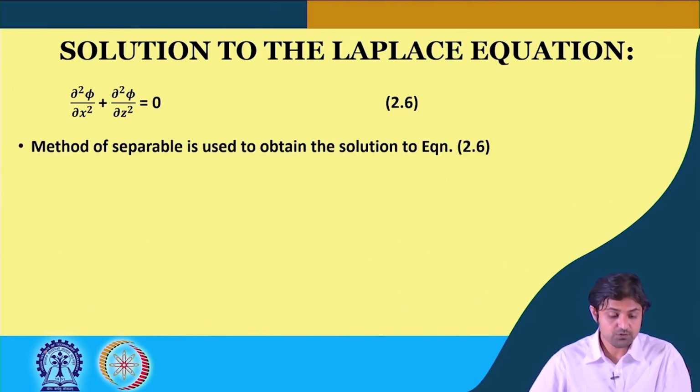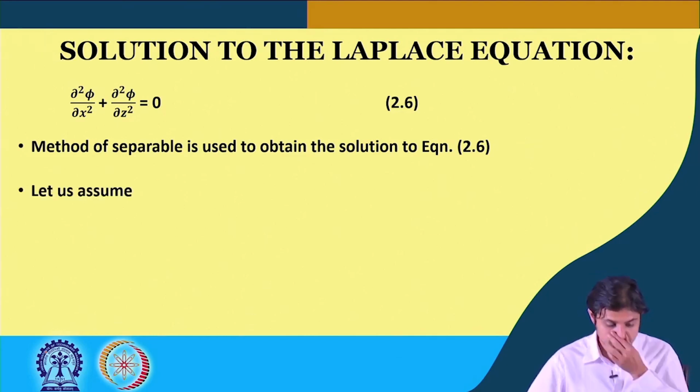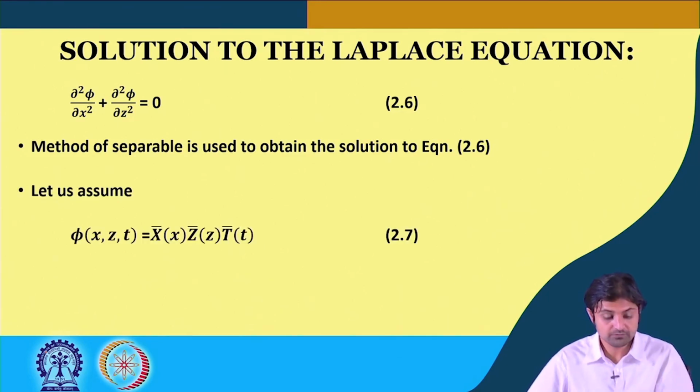To obtain the solution, a very simple method of separation of variables is used, which is equation 2.6. Now, let us assume phi of x, z, t can be written as X bar as a function of x, Z bar as z, T bar as t.